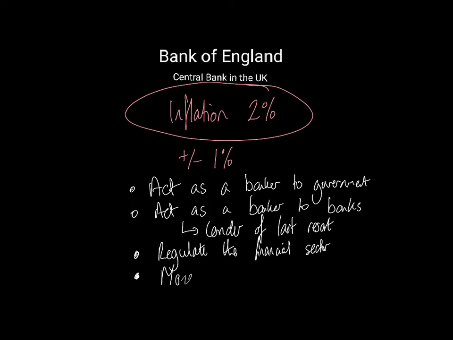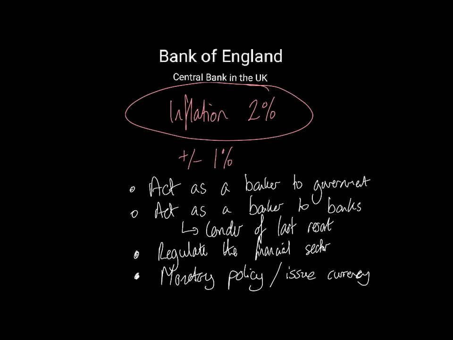Obviously, they implement monetary policy, which we will talk about in a second. They are also the institution which deals with the issuance of hard currency, so notes and coins in circulation. If it's a country that controls its exchange rate in any way, then that's normally done by the central bank as well.